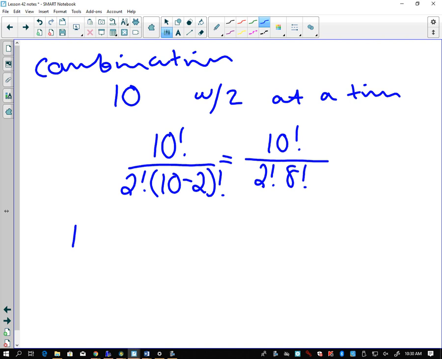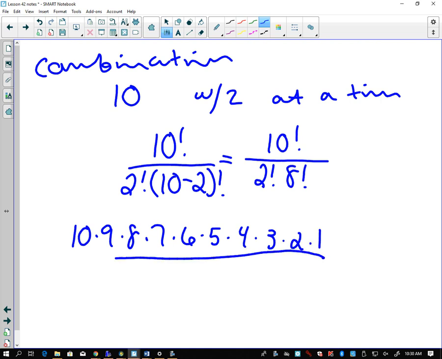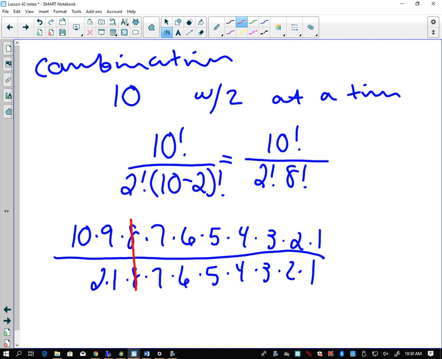So expanded, this is 10 times 9 times 8 times 7 times 6 times 5 times 4 times 3 times 2 times 1, all over 2 times 1 times 8 times 7 times 6 times 5 times 4 times 3 times 2 times 1, in which case my 8 factorial will cancel out, which leaves 10 times 9 left, and 2 times 1 on the bottom, which is 2. Does that make sense? And that would have answered your question if you were wondering about that from the earlier part too. Okay? All right, are we good there?